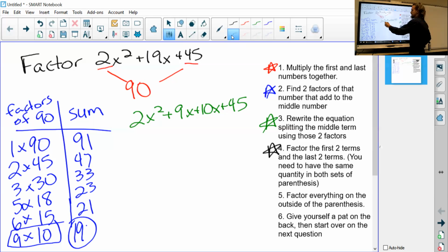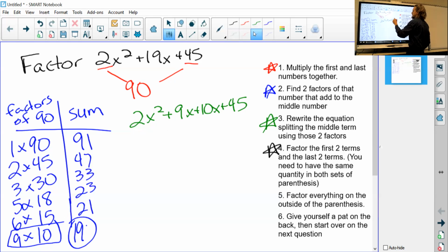So if I'm looking at 2x squared and 9x, all I can factor out there is just an x. So this isn't going to work, right? I'll give you a hint. For all of these, you are going to want to factor out the coefficient of x squared. Okay, so I need to be able to take out that 2. So this order that I put them in is not going to work. So I'm going to go back.